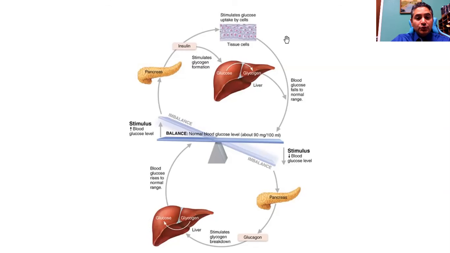Or you can do this, and insulin can come over here to the liver, and it can say, hey, we have a lot of blood glucose. This glucose needs to start binding to itself, so it cannot be transported in the blood.